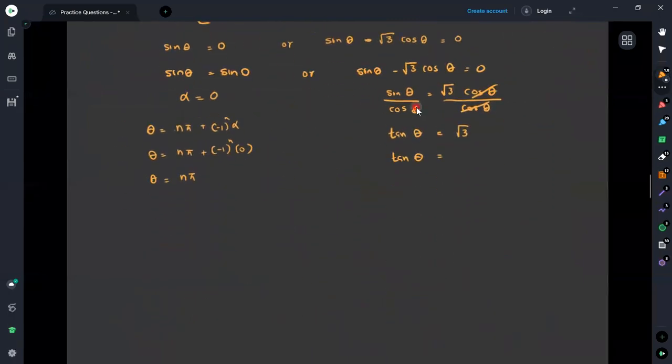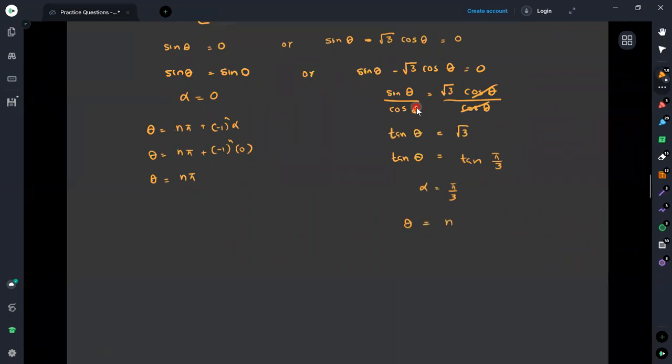Here we can take tan theta equal to tangent of pi divided by 3. What we know is tangent pi divided by 3 gives the value root 3. Then we can take the value of alpha here. It is the new value of alpha. It is pi over 3. Then we can again do the substitution in the equation.